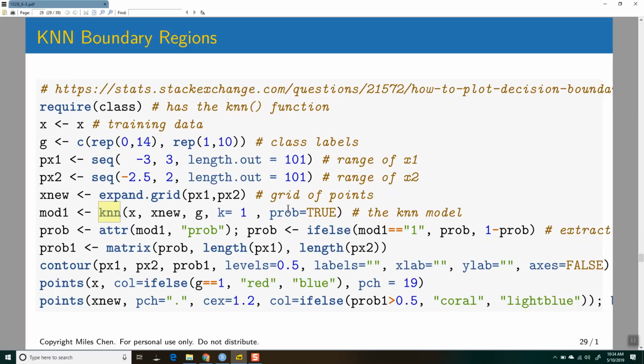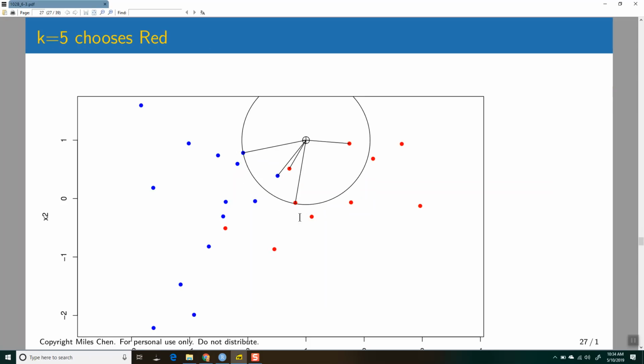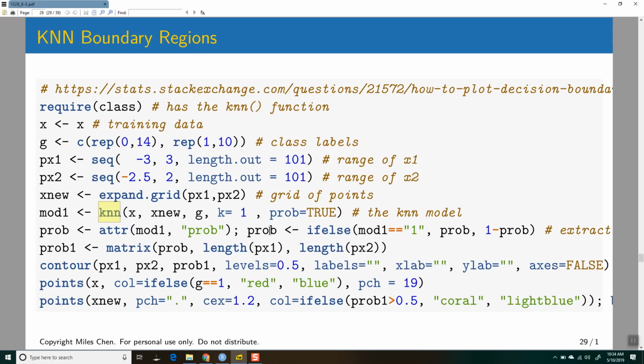The reason we want the probability is because we want to figure out the points where we're getting ties between red and blue, okay? And this will allow us to figure out the boundary that this forms between red and blue. So that's what all of this stuff is. We're trying to wrangle the output of KNN so that it creates this nice grid, and we can draw a contour line where the probability is equal to 0.5.